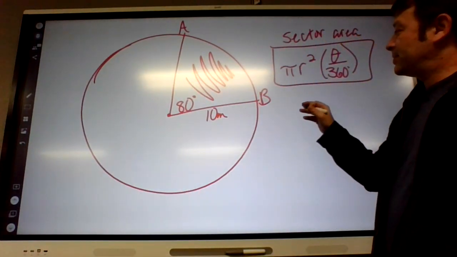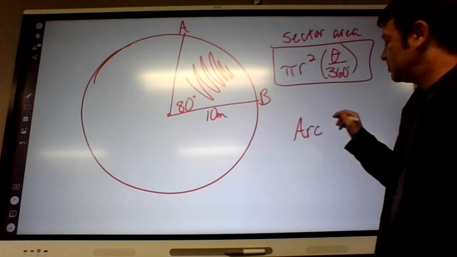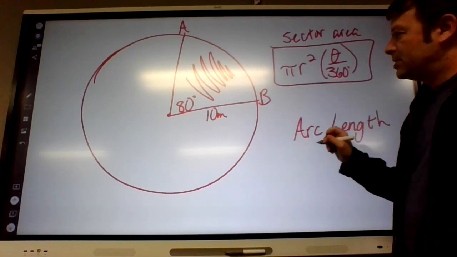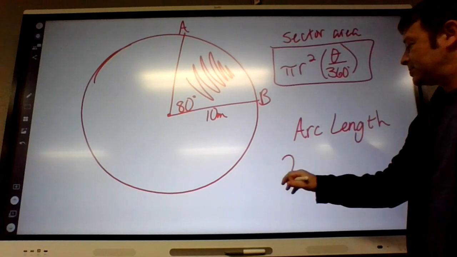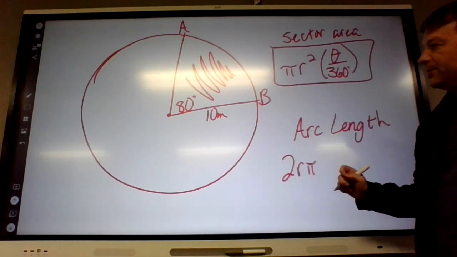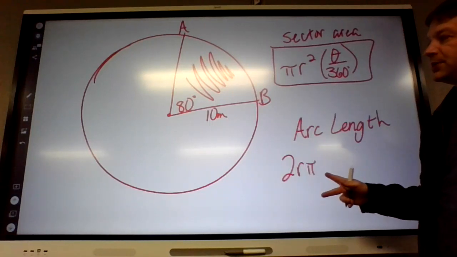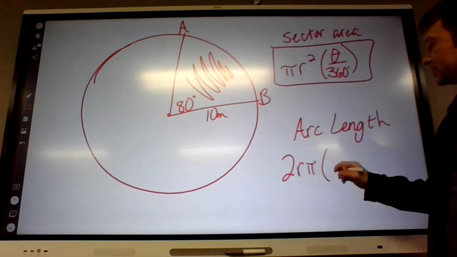So how do we find circumference? 2 pi r. So you do circumference, 2 pi r, times what fraction of the circle are we actually using? 80 out of 360, or theta out of 360.